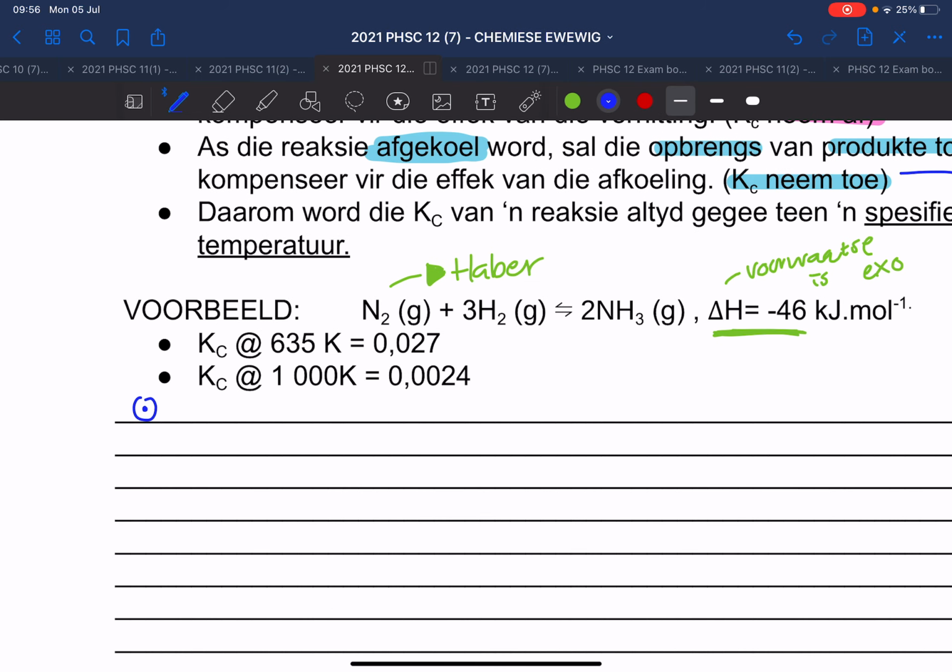We can say, the Haber process forward reaction is exothermic. Die Haber proses, die voorwaartse reaksie is exothermies.